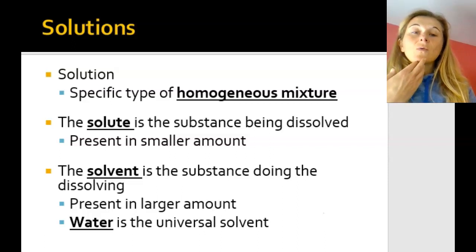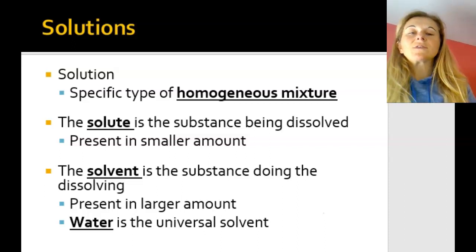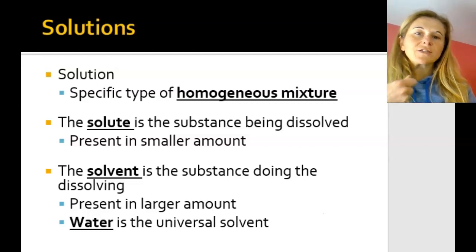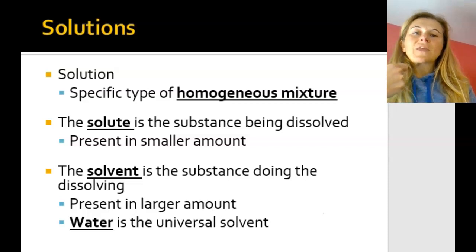If we go to make salt water, right, and we put salt into the water, the salt is going to be the solute, and the water, again, will be the solvent. If we go to make chocolate milk with a chocolate powder like Hershey's or Nesquik, that chocolate powder is going to be the solute, and the milk is going to be the solvent.